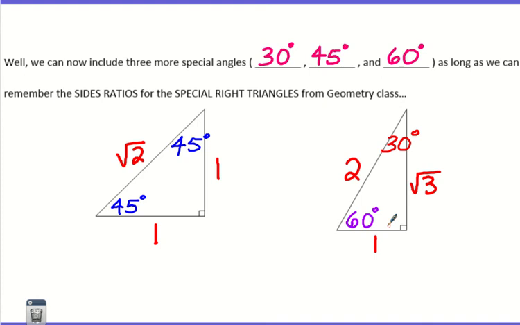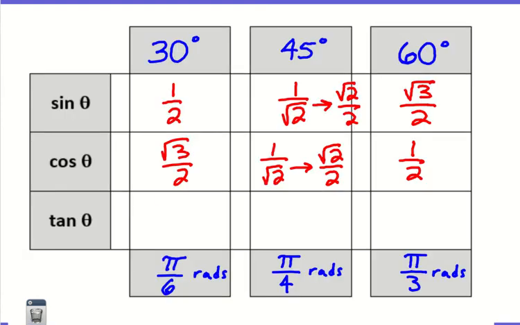If I'm not mistaken, that's going to be 1 over root 3, which, again, you should realize that root 3 over 3 is the same thing. Tangent of 45 is going to be 1 over 1, so 1. And this should be root 3 over 1, which is just root 3.